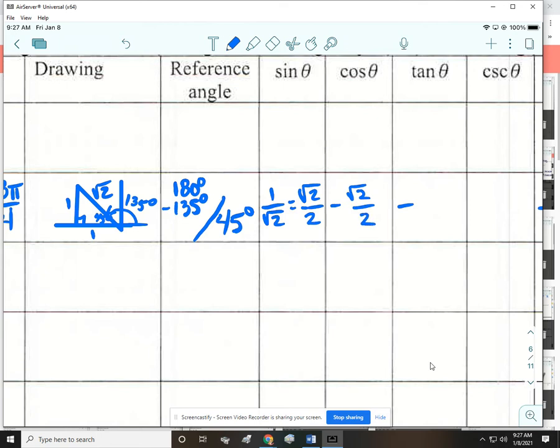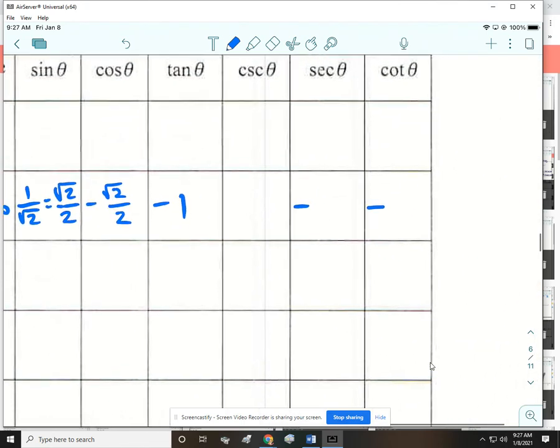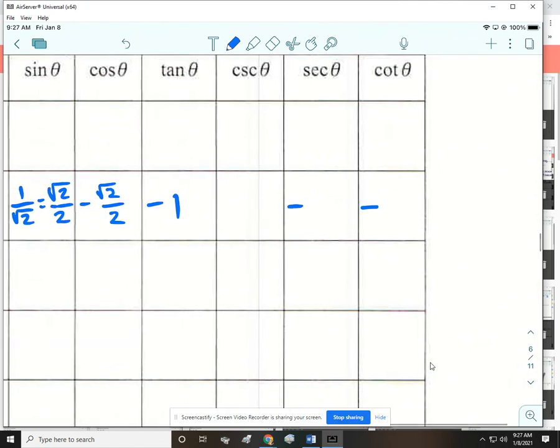And then for tangent, opposite over adjacent. And then once we get those, we just do the reciprocals. So when I do the reciprocal for cosecant, this is the one I'm going to flip.